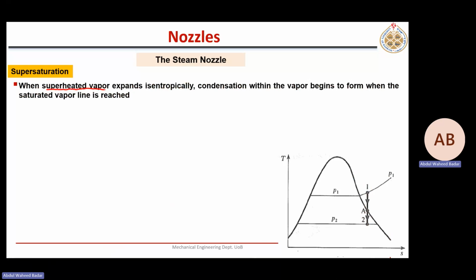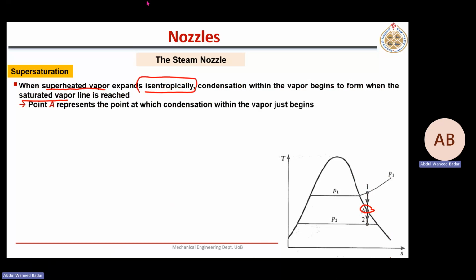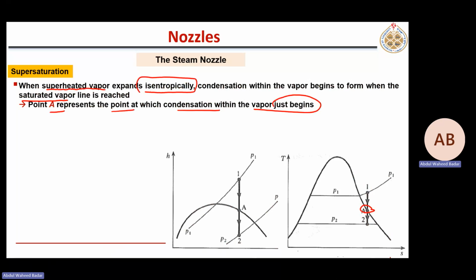So that's what is written here. Whenever superheated vapor expands isentropically, condensation within the vapor normally begins when the saturated vapor line is reached. Point A represents the point at which condensation just begins, and that is shown on the TS diagram and the same on the HS diagram.